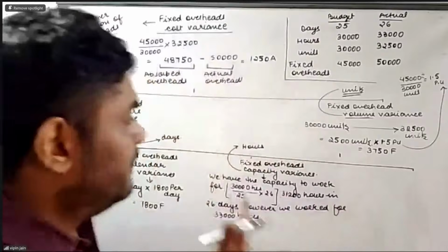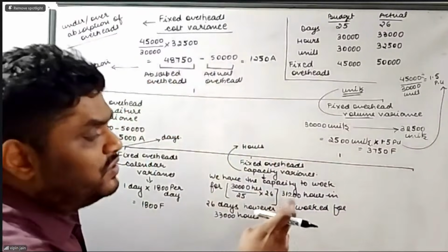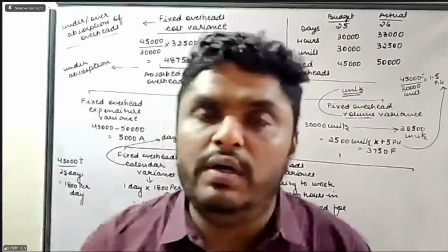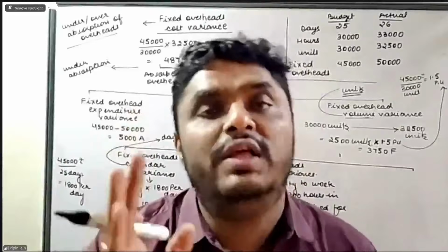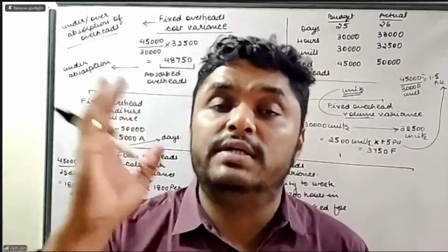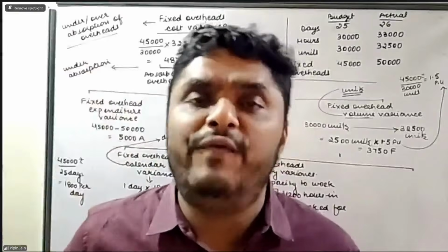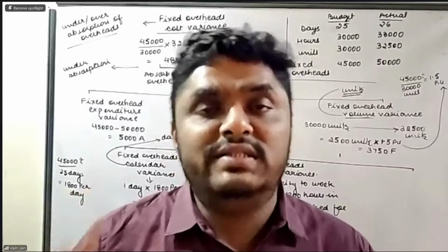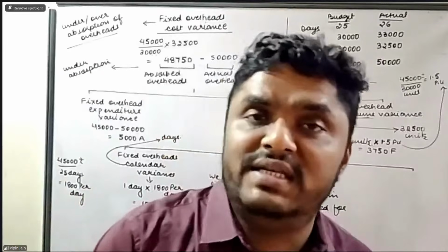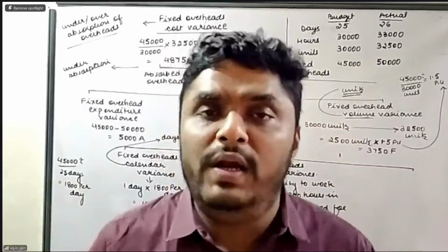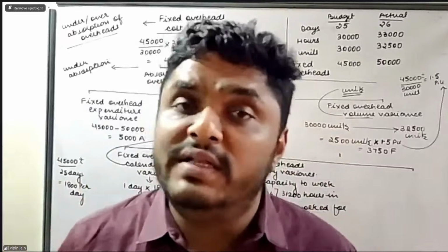Second point, when talking about our capacity, it was to work for 31,200 hours, but we actually work for 33,000 hours, 1,800 hours above our capacity. Our capacity was only for 31,200 hours. But instead of 31,200 hours in 26 days, my workers did a fabulous job. They work for 33,000 hours.